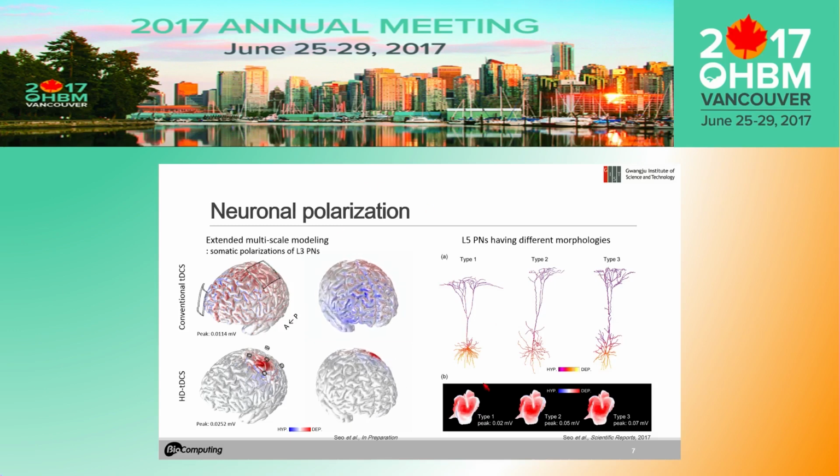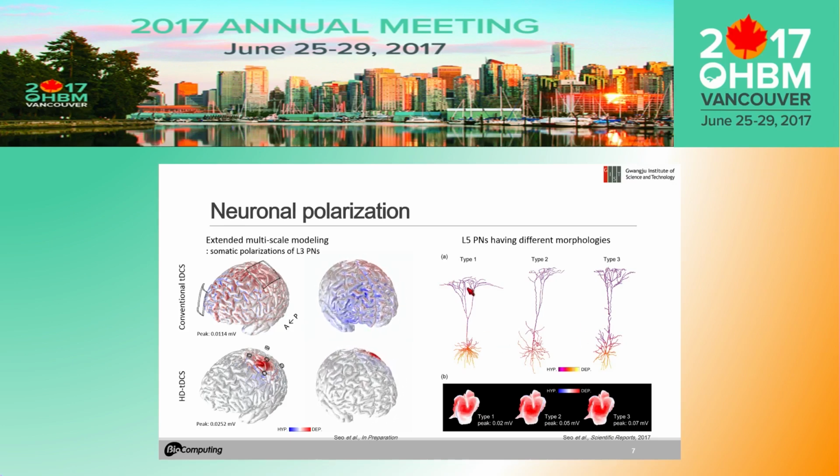In addition to this, we also investigated the impact of different morphologies of pyramidal neurons. We constructed 3 types of layer 5 pyramidal neurons having different morphologies. The notable difference is that type 2 and type 3 neurons have flat dendrites compared to the type 1 neuron.